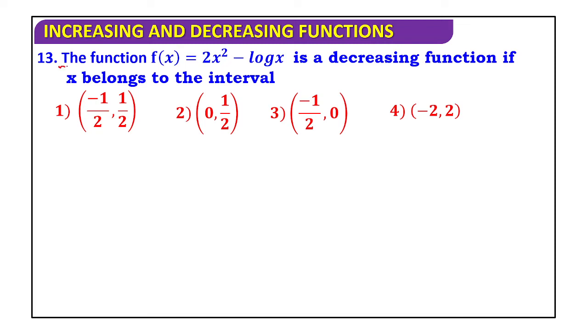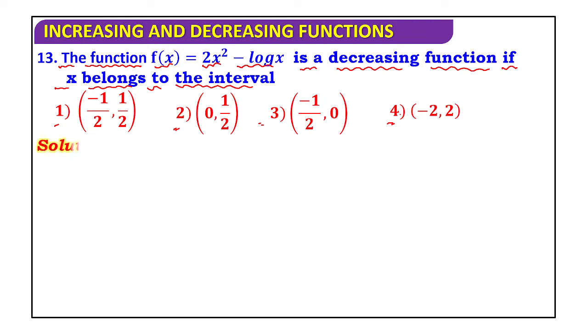See, the function f of x is equal to 2x square minus log x, and it is a decreasing function if x belongs to which interval, given in options 1, 2, 3 and 4.